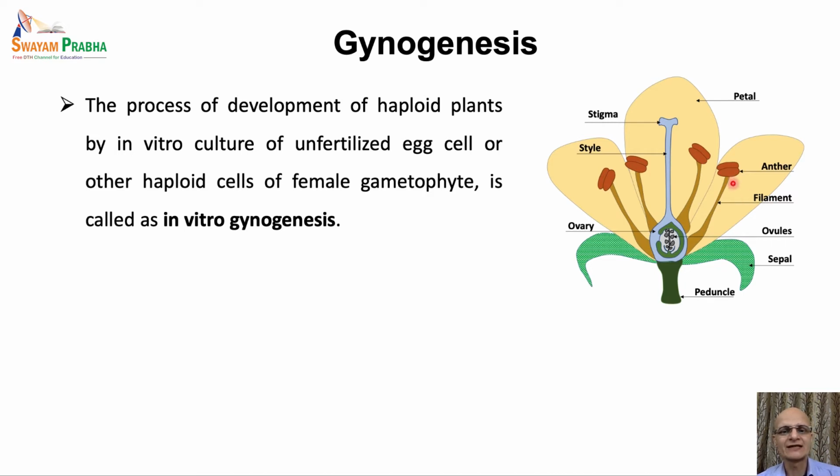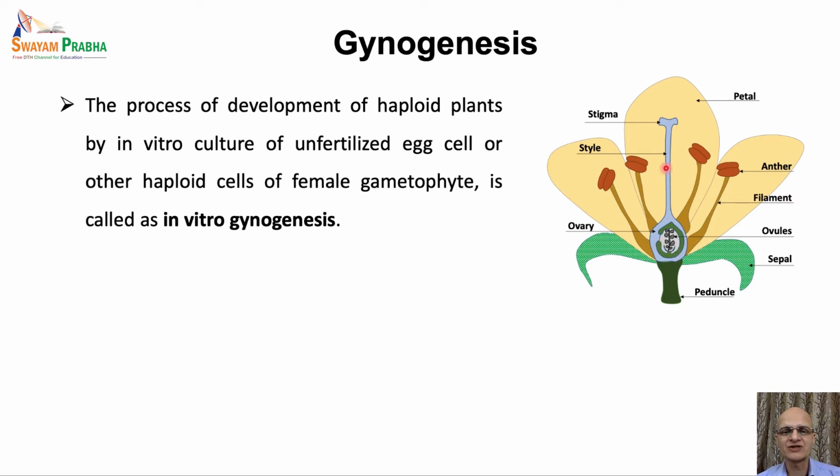Finally, in the center of the flower is the gynoecium. That is the female reproductive organ, the carpel. Usually a carpel has three well-defined parts. The swollen base is called the ovary. It contains ovules where the female gametophyte develops.